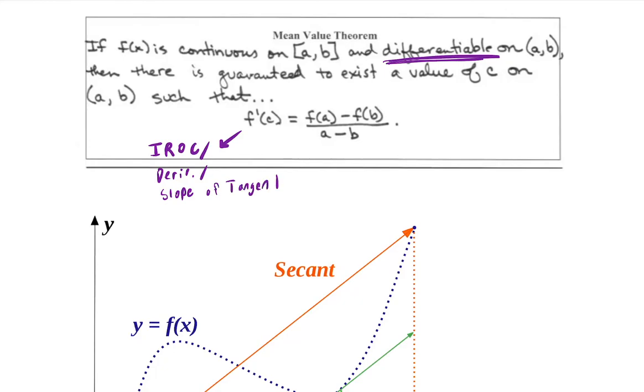It's saying there will be some tangent line slope that is equal to the average rate of change, or the secant line slope.